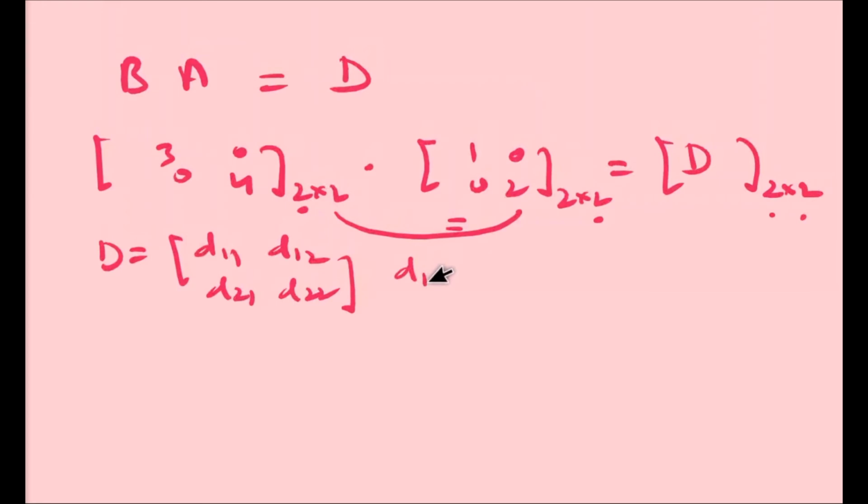So we can get D11, first row 3, 0 and first column 1, 0. What is the result here? 3.